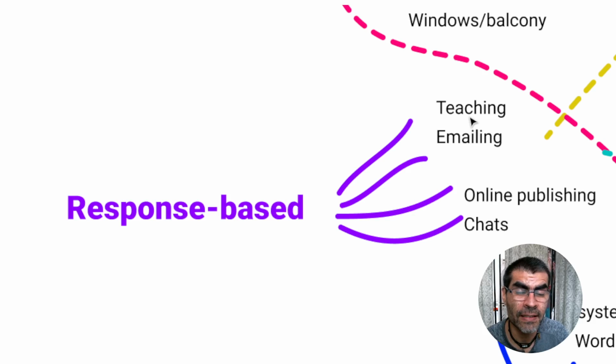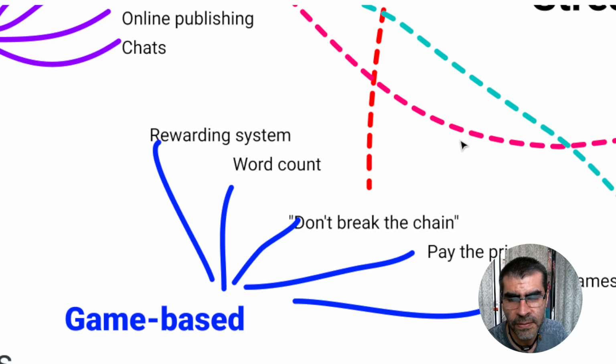Sometimes emailing, when you have to answer a mail and you have the pressure to answer, you start writing and you can keep writing. Of course, online publishing and chats can help you to write better. With these kinds of stressors, the idea is to identify them and try to use them, try to systematize them, to optimize them, and work with them.